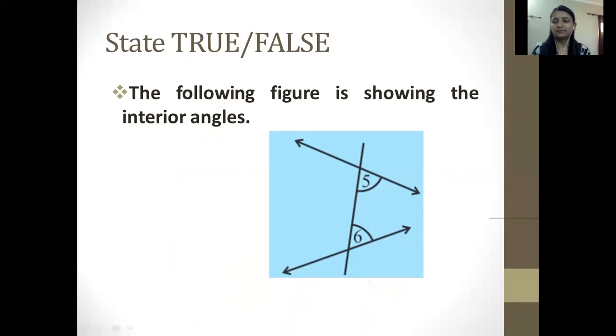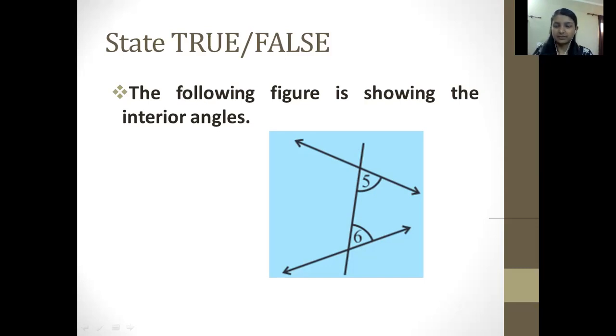From this you might have got an idea what we have done in our previous class: interior angles, exterior angles, pair of corresponding angles, pair of alternate angles. Also we have understood the pair of alternate exterior angles. So you have to identify in this picture whether these angles are interior angles or not.